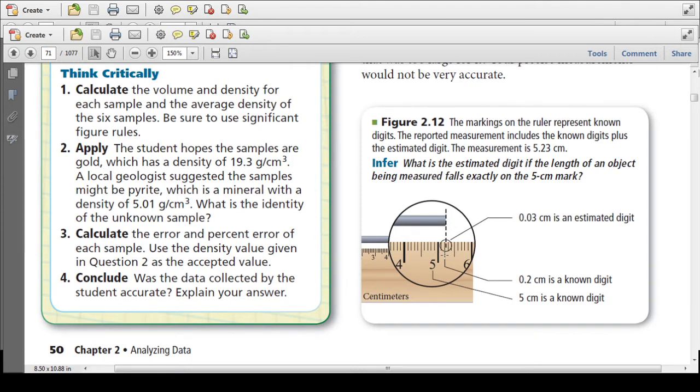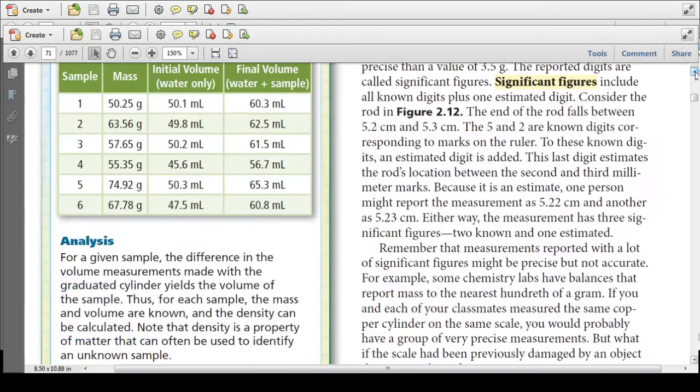Because of that, we don't want to cast away any significance, so we can make an estimate of what that value might be when it falls between the 2/10 and the 3/10 marking. So we just call that 0.03. Again, that could be arbitrary up to the observer. There's nothing to say that it couldn't be 0.02 or 0.04, however, it falls in between those two markings.